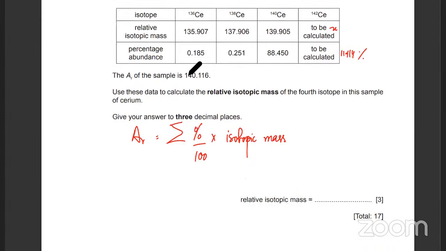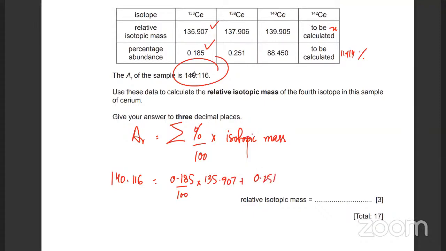So the Ar is already known. That's 140.116. First one, it's 0.185%, so 0.185 divided by 100 times 135.907. Then you have 0.251 over 100 times 137.906.